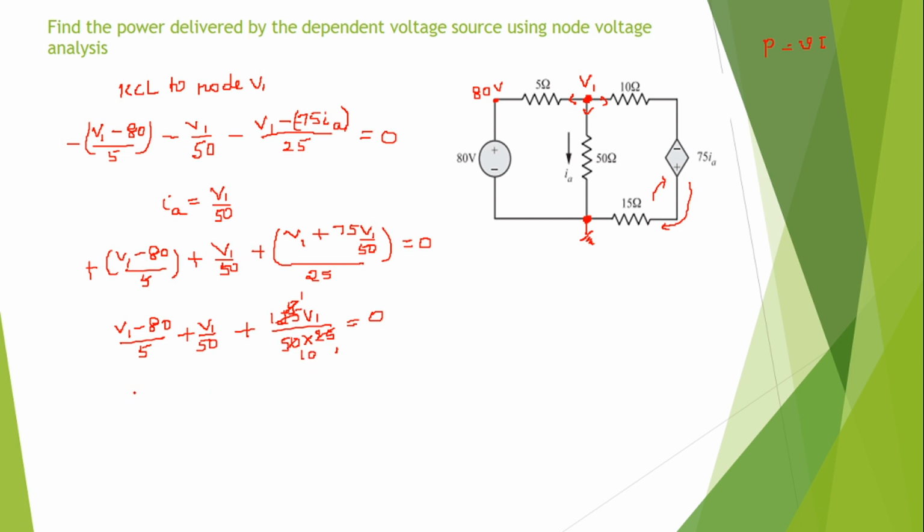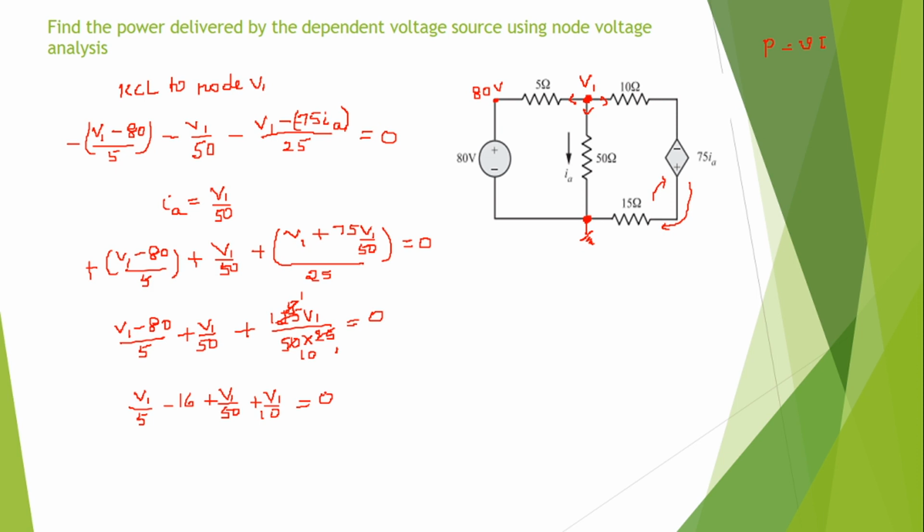So this becomes V1 by 5 minus 16 plus V1 by 50 plus V1 by 10 equal to 0.